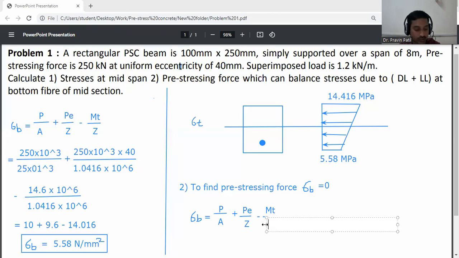For sagging, the bottom will be in tension, that's why it is minus. So this is equal to 0. Sigma B will be 0.